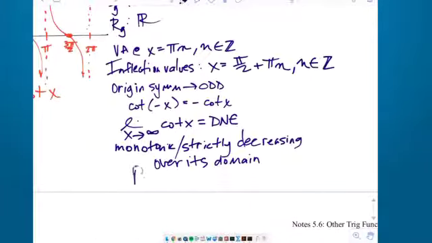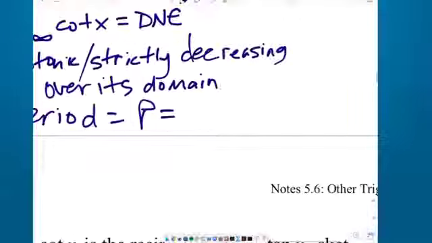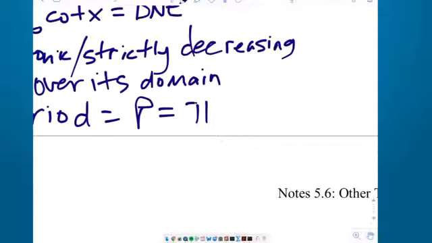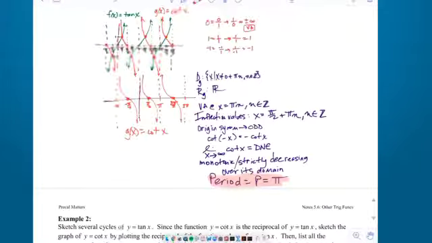And what's the period? What's the smallest distance it takes to repeat itself? Still pi. Good. So tangent and cotangent, unlike sine and cosine, have discontinuities, and their period is pi instead of 2 pi.